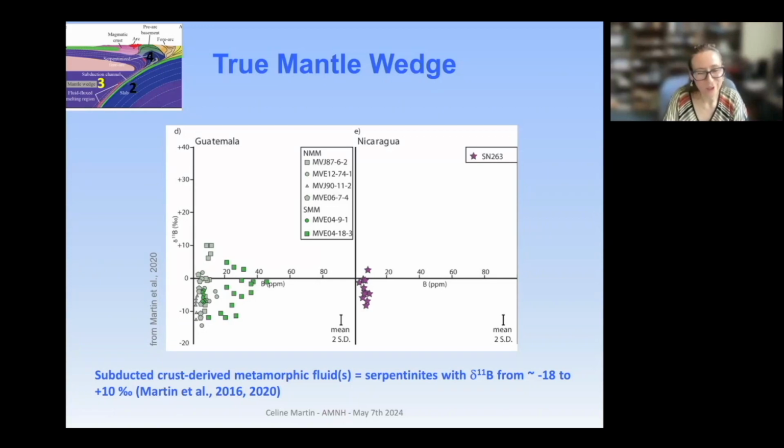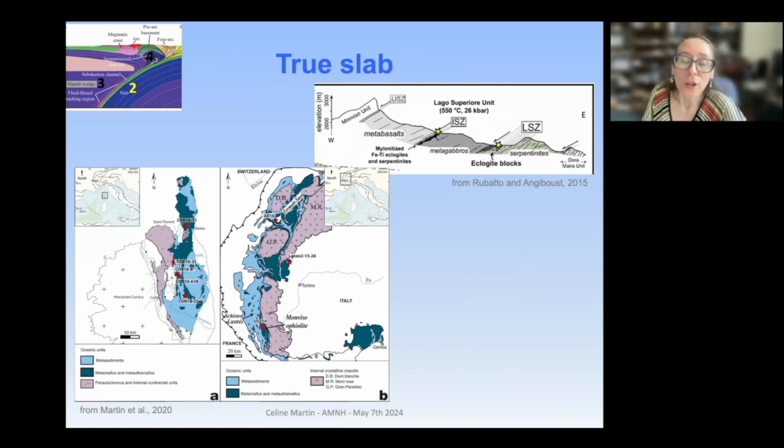It's a little bit of a cumbersome name, but it really means it's the fluid derived from the metabasalts and metasediments. And so we can see that they are basically all below +10 per mil.